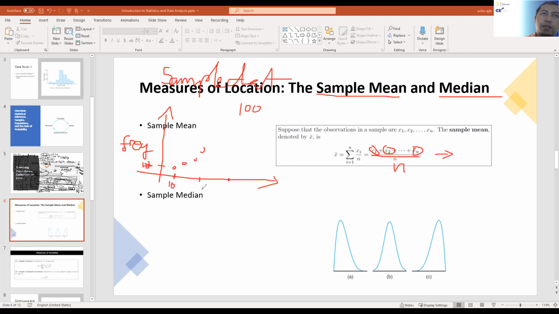Let's say from 10 million until 500 million. And you got the data being like this, which the average is, let's say, maybe 200 million.